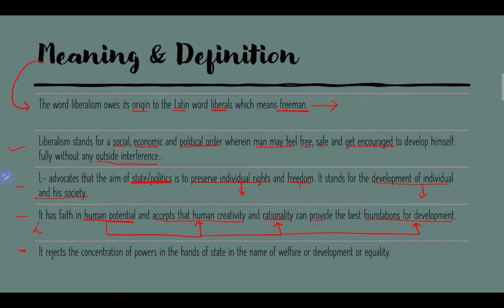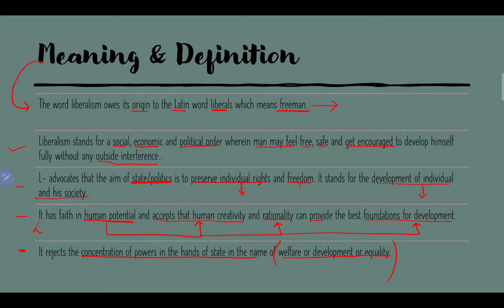Now, liberalism rejects the concentration of power in the hands of a state in the name of welfare, development, or equality. These are the key words. Liberalism totally rejects that power should be in the hands of a state in the name of welfare, development, or equality.